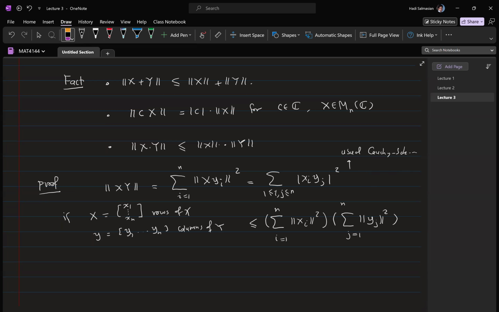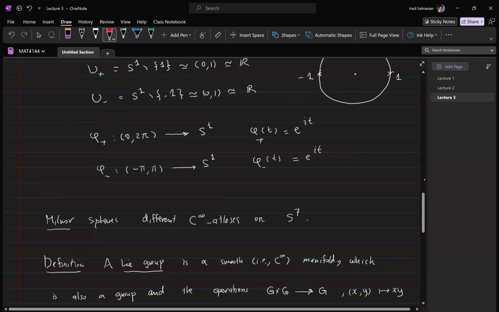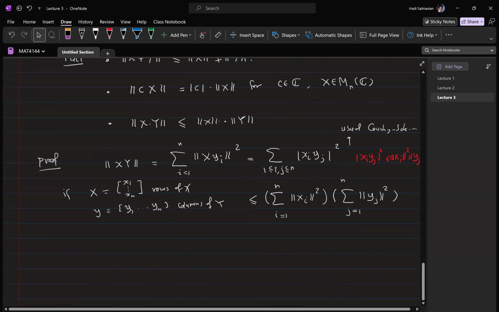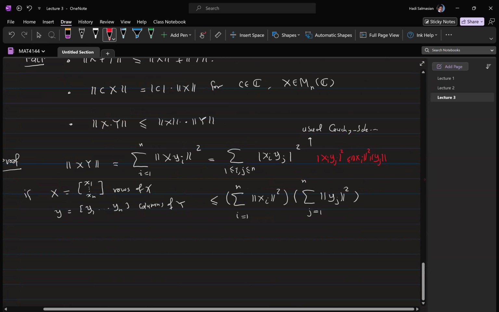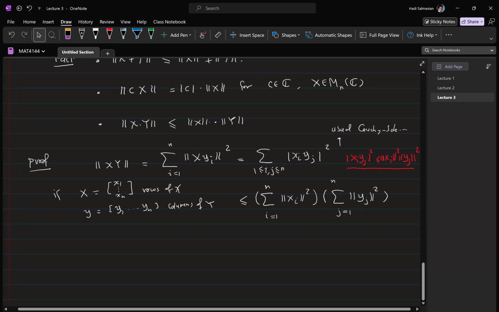So I basically use Cauchy-Schwarz for each of the entries. Then I just sum over these and factor the sum in the most obvious way. And the last thing is just norm X squared times norm Y squared.